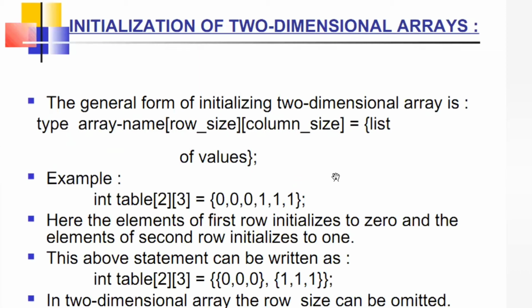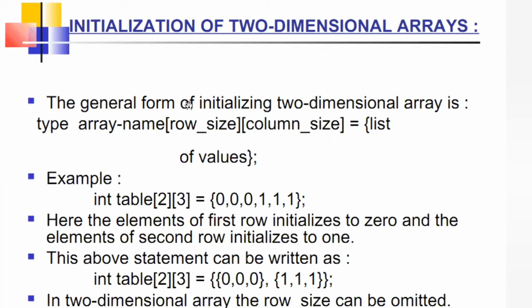The general form of initialization of the array is type arrayname[row size][column size] = {list of values}. Example: int table[2][3] = {0, 0, 0, 1, 1, 1}, where the elements of the first row are initialized to 0 and the elements of the second row are initialized to 1.